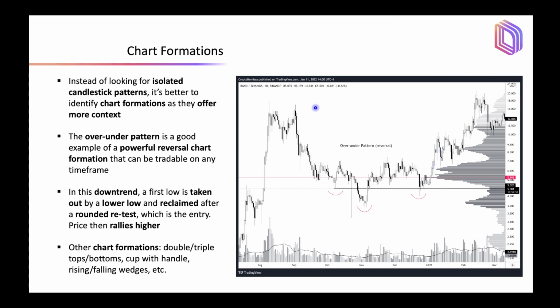So this type of chart formation is quite interesting because they're not isolated patterns, and they offer a lot of context in terms of what happened before and what's likely to happen next. Other chart formations that you could look into are double or triple bottoms or tops, cup with handle, rising and falling wedges, and so on.